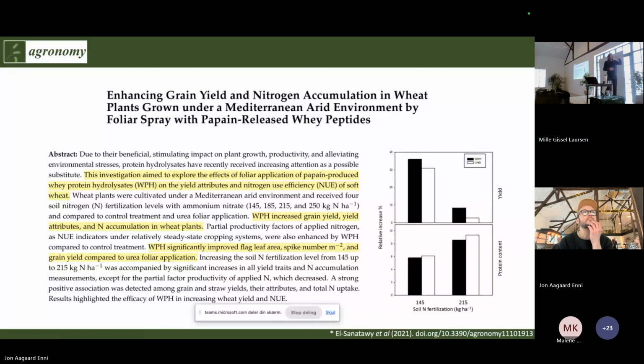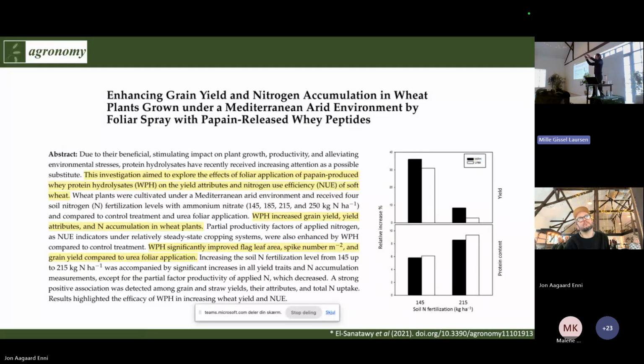Okay. So what they've done in this study is a soil application first of conventional nitrogen. We're starting with a soil conventional nitrogen application trial where we're going from soil application 145 kgs per hectare up to 185, up to 215, up to 250.